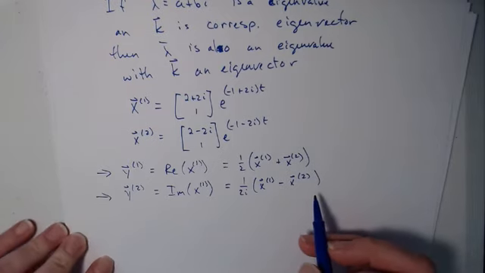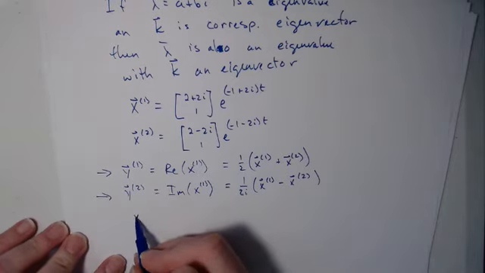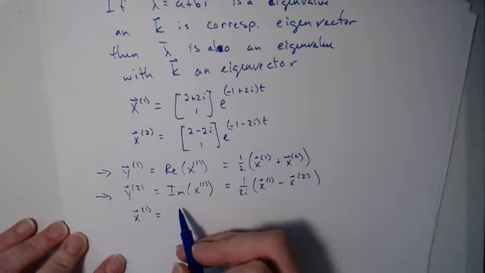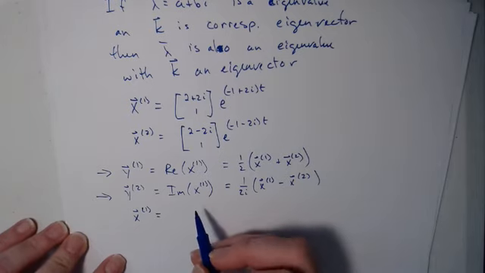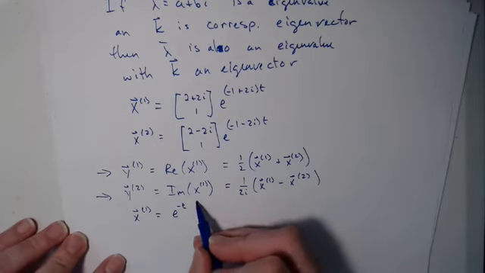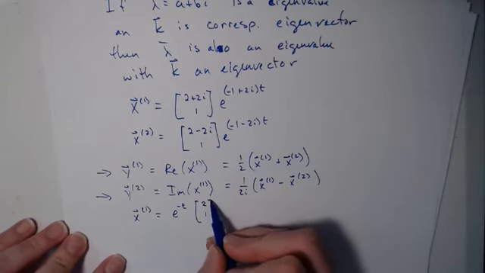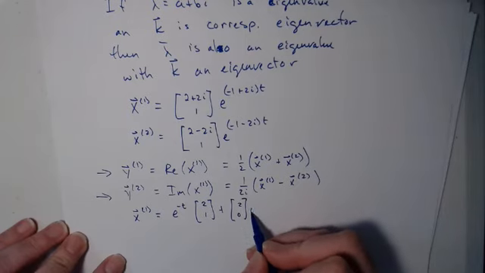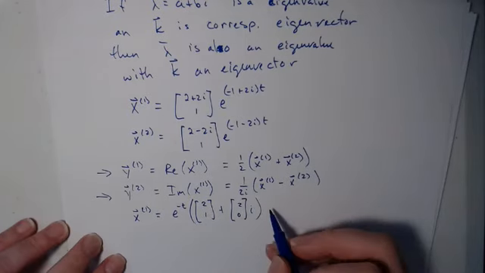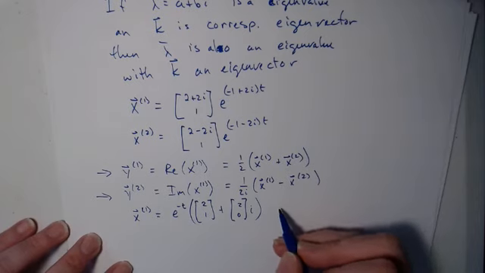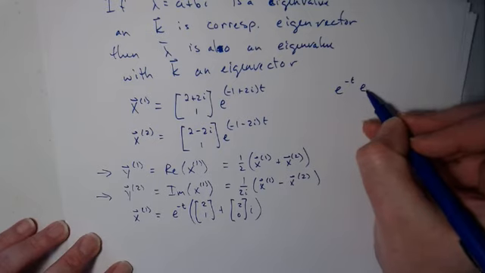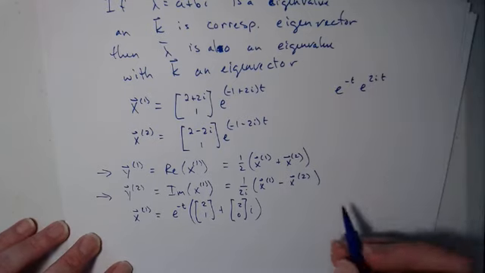Let's go ahead and look at what x1 looks like in its full form so we can see what we're doing. So x1 can be written as e to the minus t times (2, 1 plus 2, 0 i) times e to the 2it.